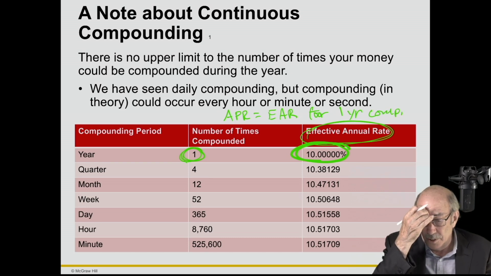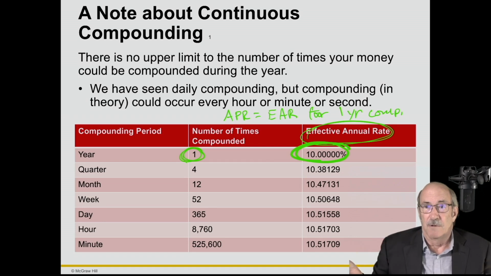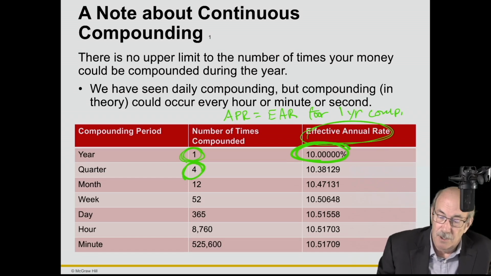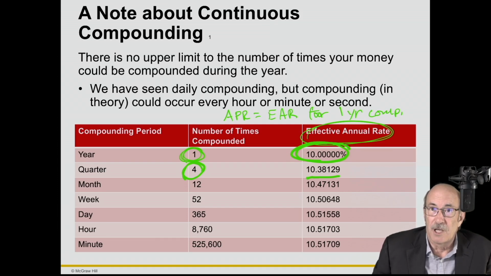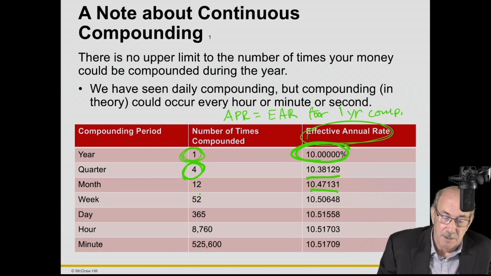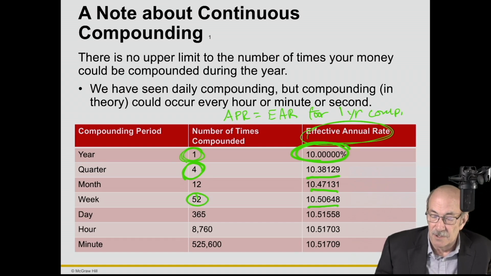So we have an APR of 10%, and if we don't compound during the year, then the EAR is also 10%. If we have quarterly compounding, that goes up by 0.38% or 38 basis points. If we do it monthly, it goes up to almost 0.5%. If we do weekly, that goes up even higher, a little over 0.5%.